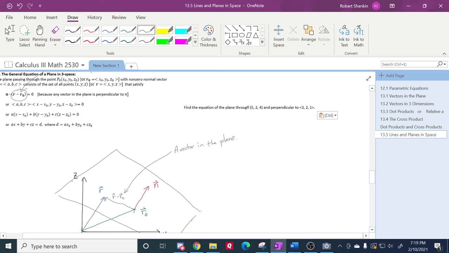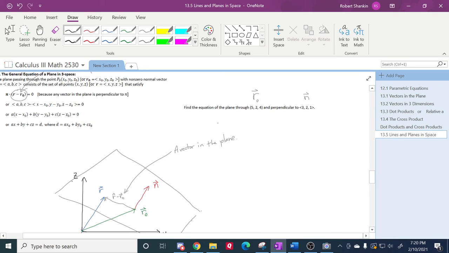Okay, so this is the R0. This is the normal vector. And so we could write the equation of the plane in this form, we've got all these different forms that we could use.